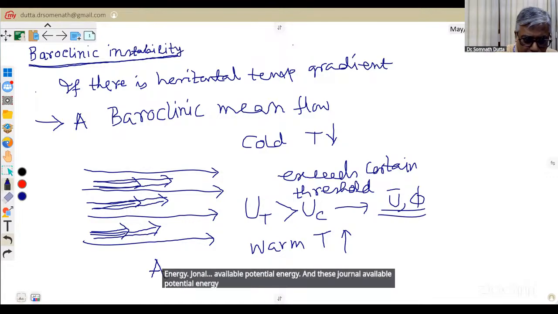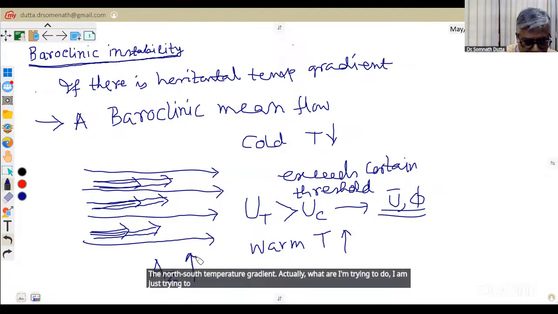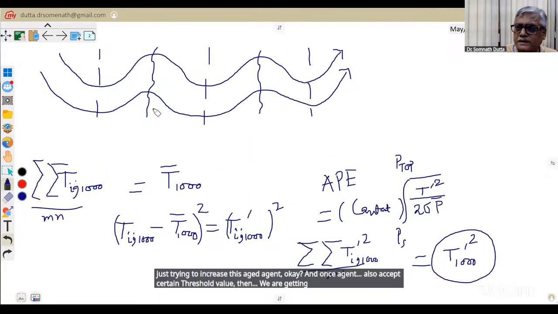Let me denote this zonal available potential energy by A with suffix Z. So now when I am going on increasing the north-south temperature gradient, what I am trying to do is just increase this AZ. And once AZ exceeds a certain threshold value, then we get this wave-like structure.